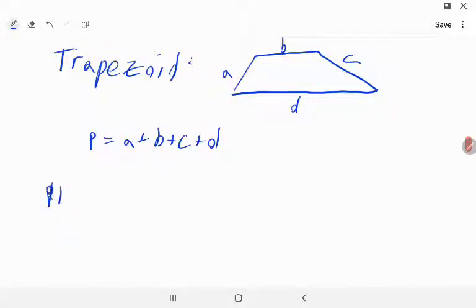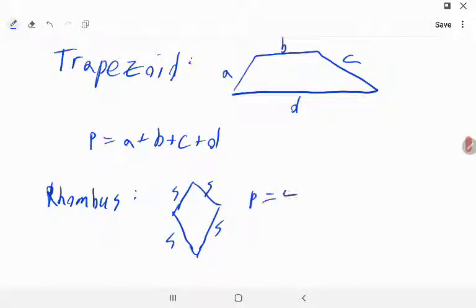A rhombus is a little bit like a square, we notice that all four sides are the same. And so the perimeter there, again, is 4s.